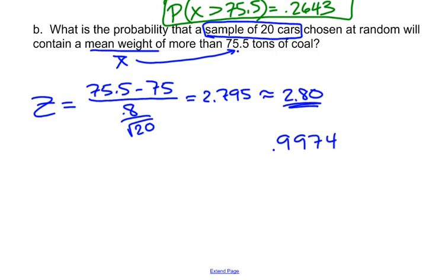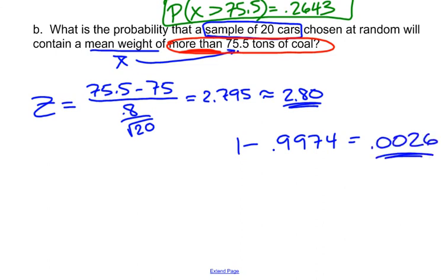Well, this problem is asking us for the probability that is more than, so we're going to subtract that from 1. Again, that's 1 minus 0.9974, which is 0.0026. Now that is a really low probability.